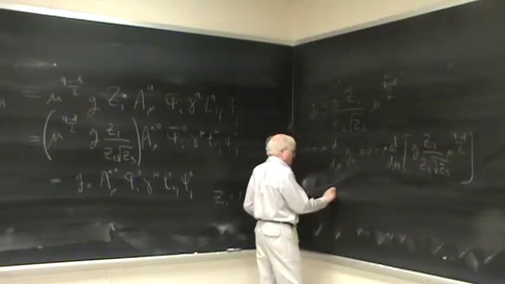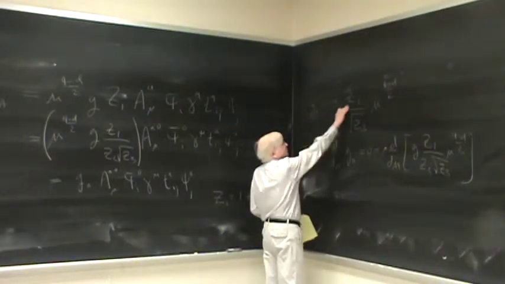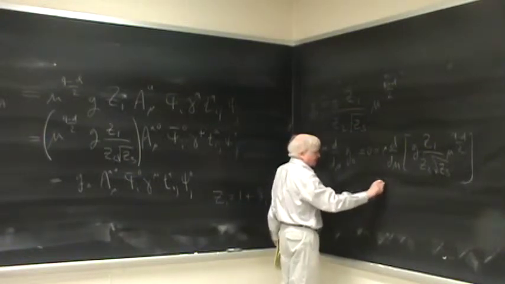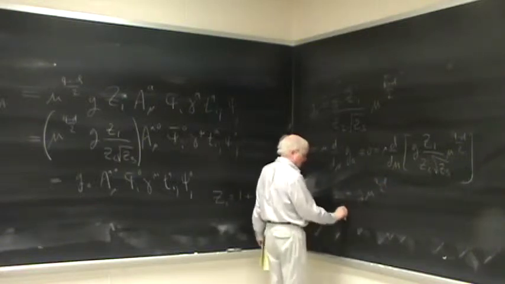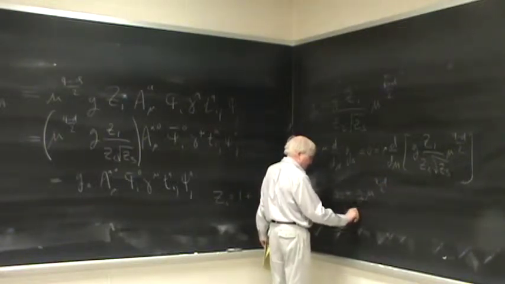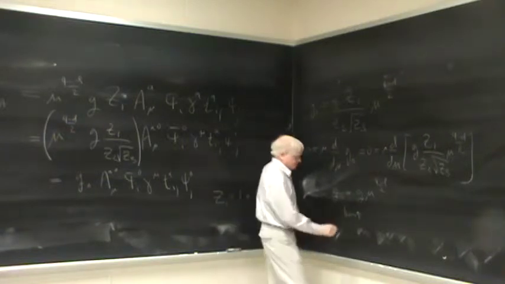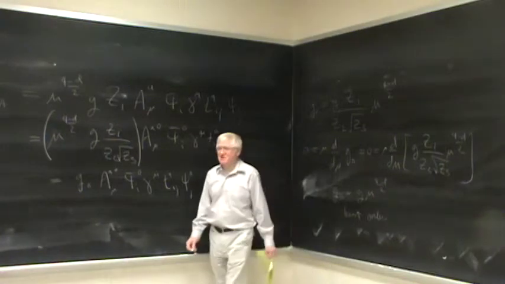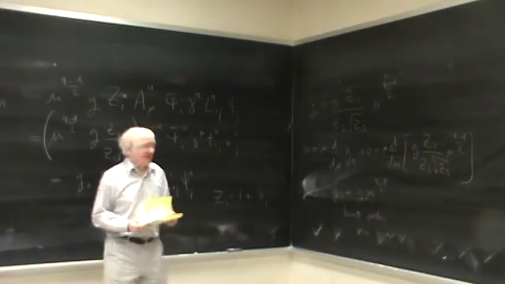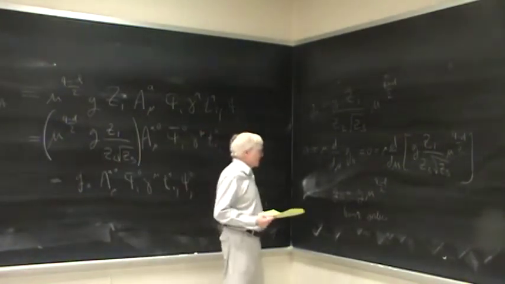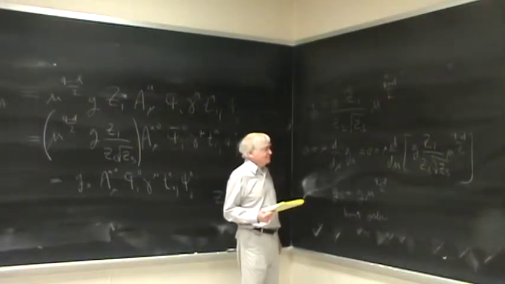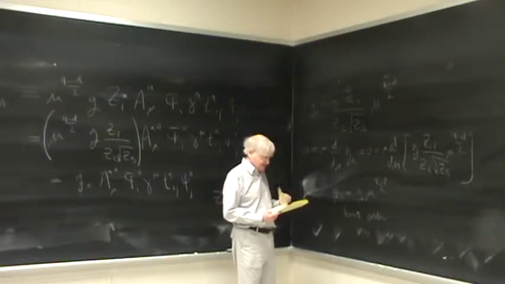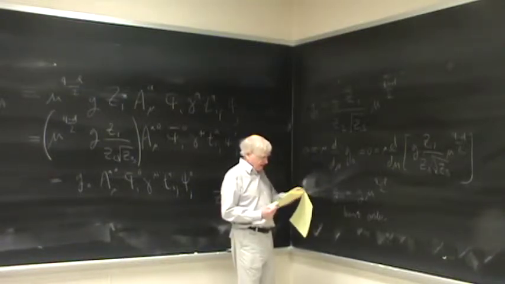So to lowest order, g0 is g mu to the (4 minus d) over 2. All right, so to lowest order in the coupling constant.